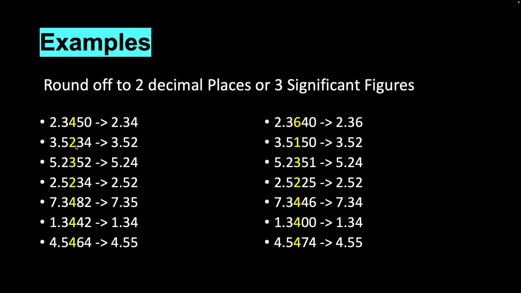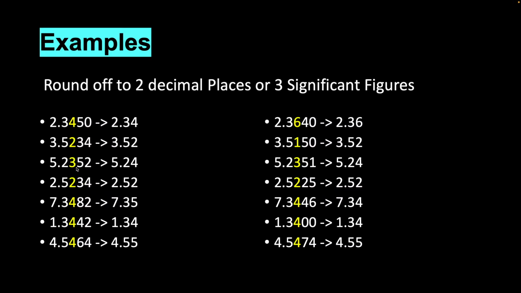Now the second question says 3.5234. Here after the cutoff digit 2 there is a number less than 5, so the cutoff digit will be left as it is, so it would be 3.52. Now in the third exercise we have 5.2352. Again after the cutoff digit the number is greater than 50.